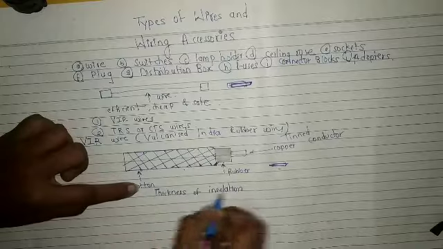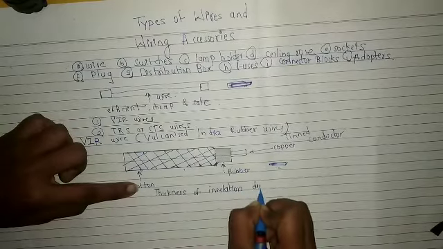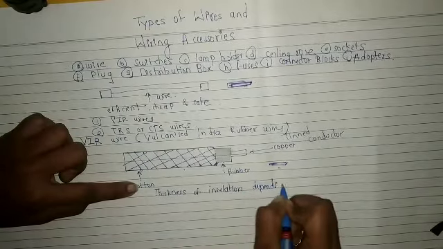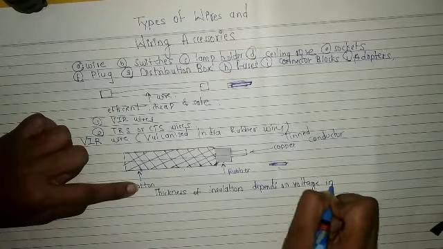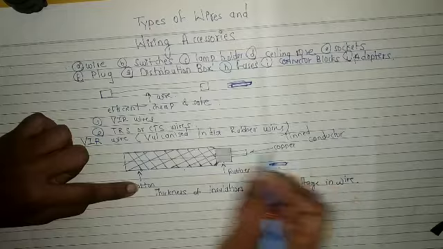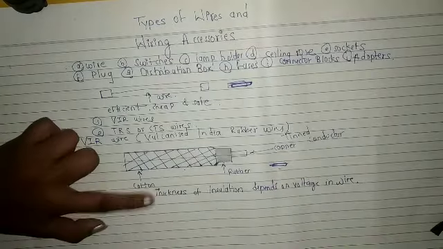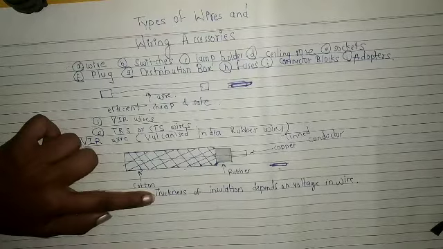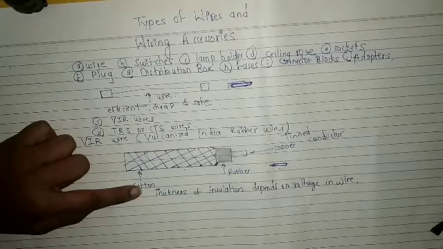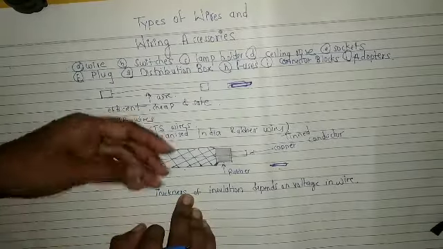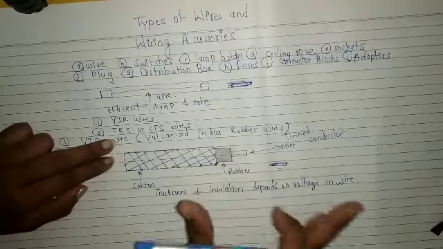Okay, so the thickness of insulation depends on voltage in wire. Thickness of insulation depends upon the voltage for which wire is required. Okay, so more the voltage, then the thickness of our insulation is more.